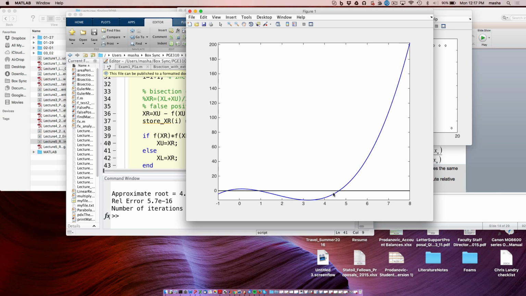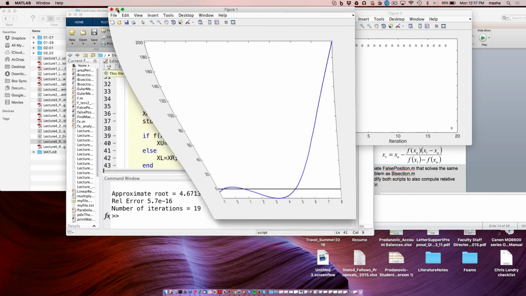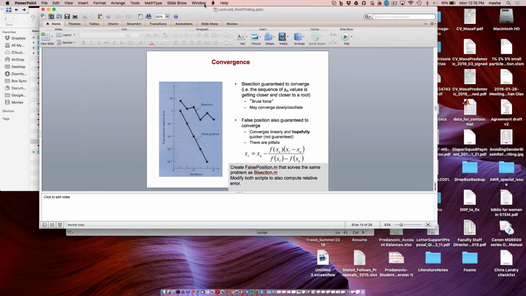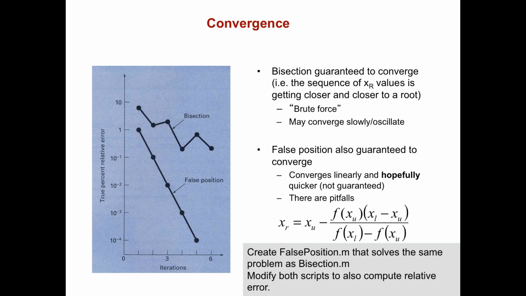This function kind of looks like a linear function in the neighborhood of this point. So probably the benefit of using false position is not much, and actually here I'm not going to get a faster convergence. So even though in general the rule is that bisection errors do not go down as quickly as false position, you can always find a counter example. And there are always pitfalls like that.